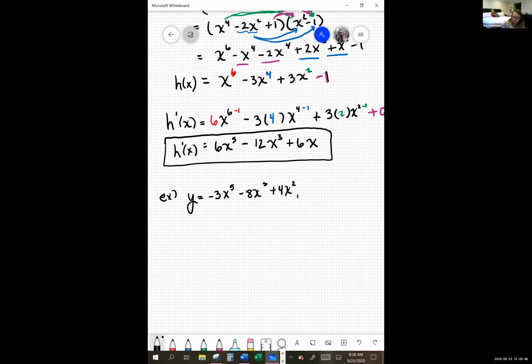So I'm going to find the equation of the tangent line at x equals 1.